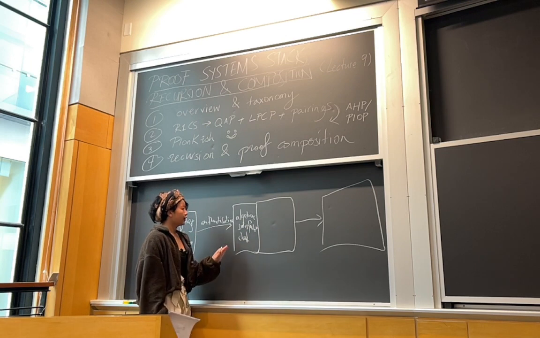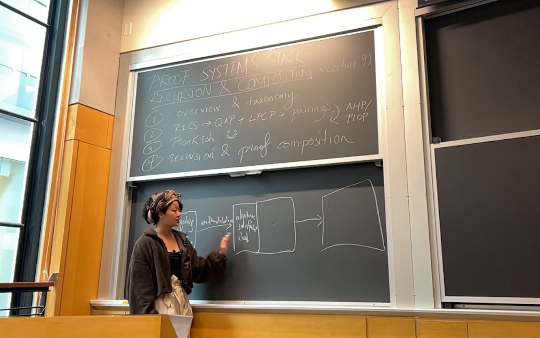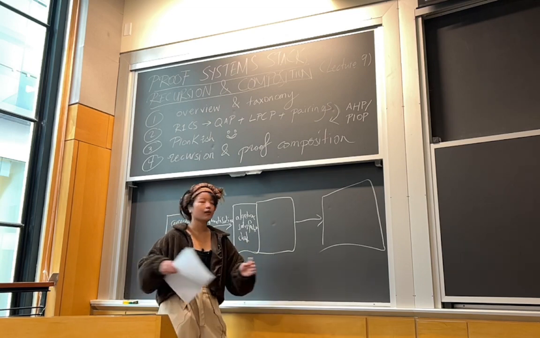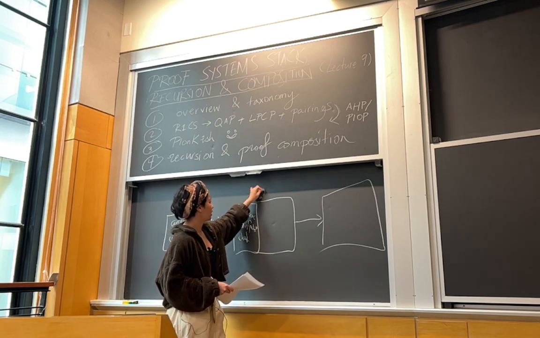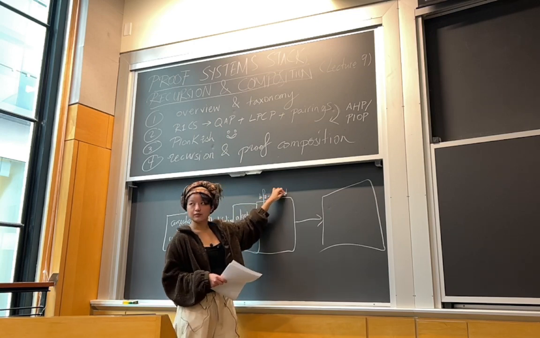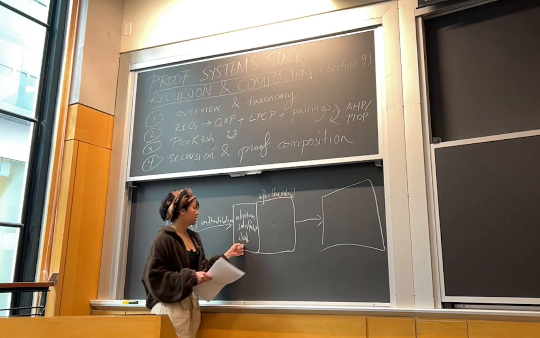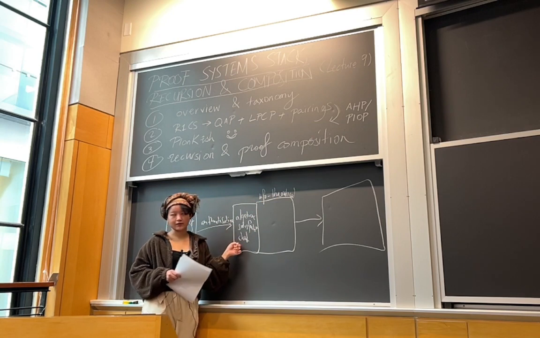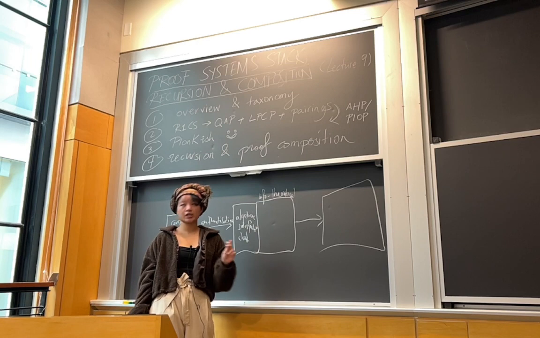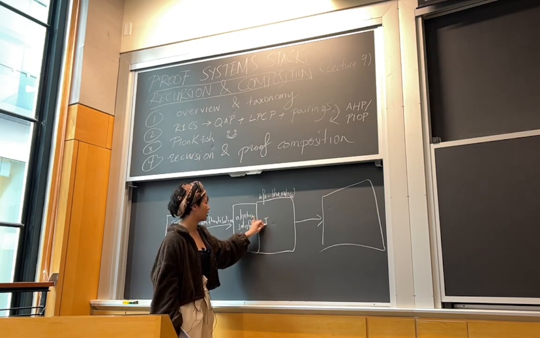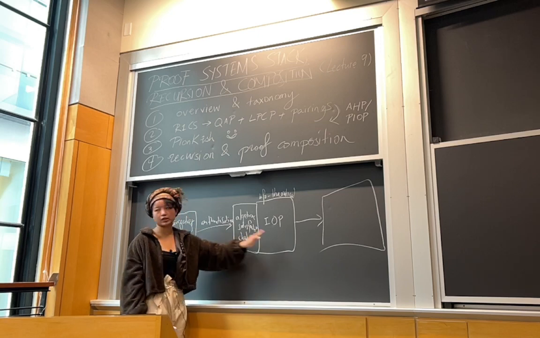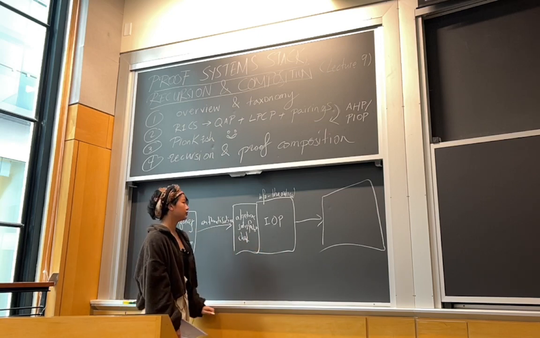Now, the arithmetization that we choose limits the choice of information theoretic models that we can use to check this circuit satisfaction problem. So the modern SNARKs use something called the interactive oracle proof for the information theoretic model.